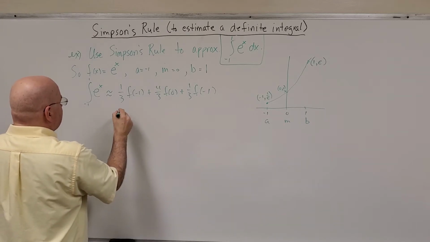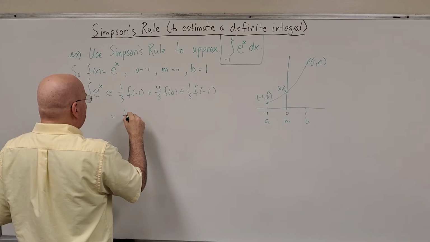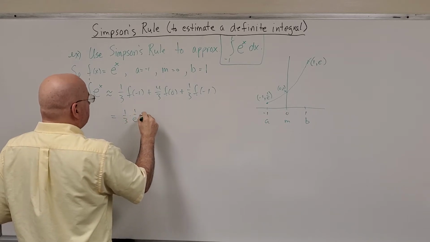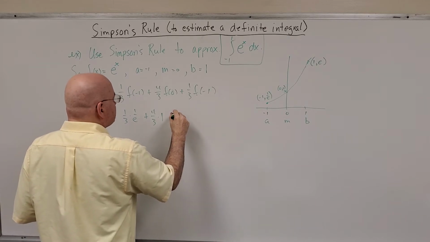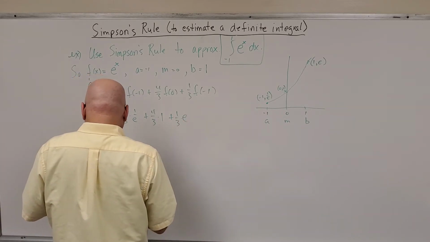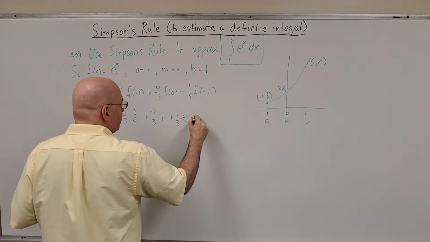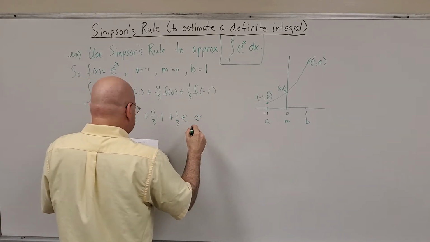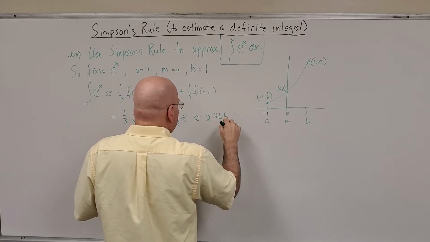So this is exactly equal to 1/3 times 1 over e plus 4/3 times 1 plus 1/3 times e. I plugged that into the calculator and got approximately 2.36205.